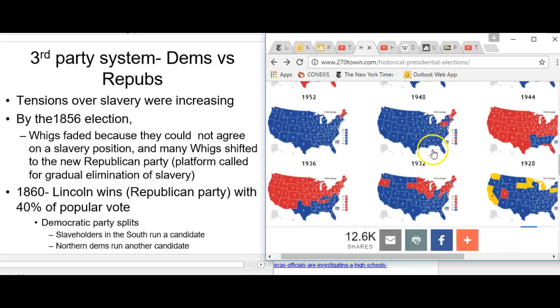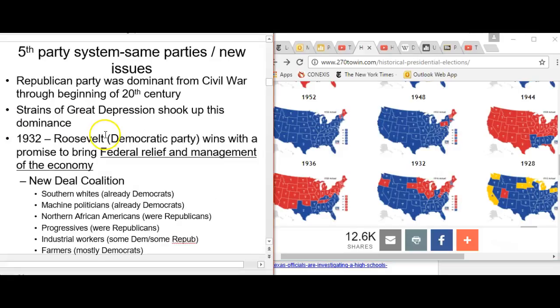By the time you get to 1932, the candidate running, Roosevelt, runs on the platform of the federal government managing the economy and providing some kind of federal relief for the Great Depression, federal government relief.